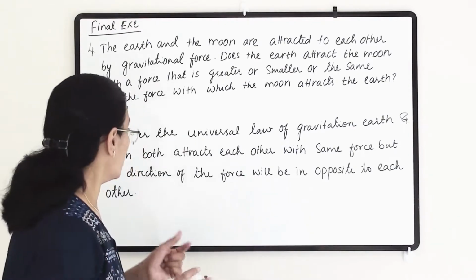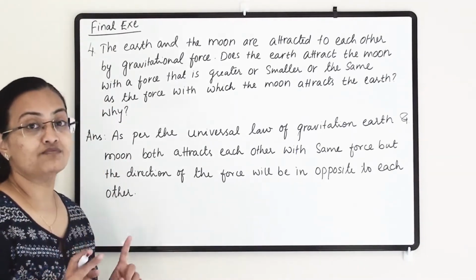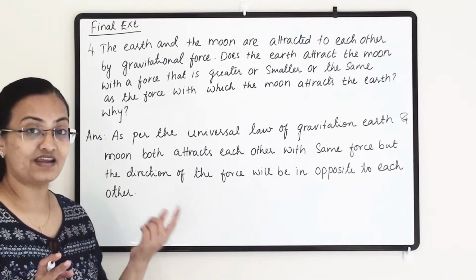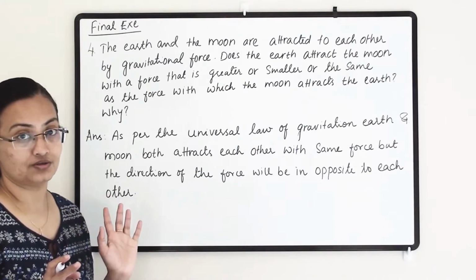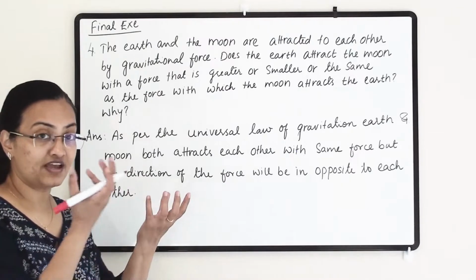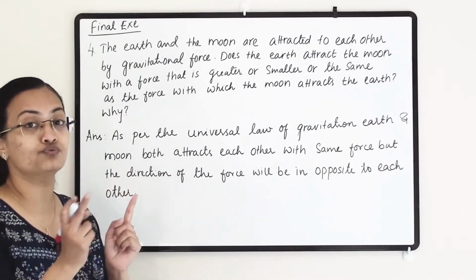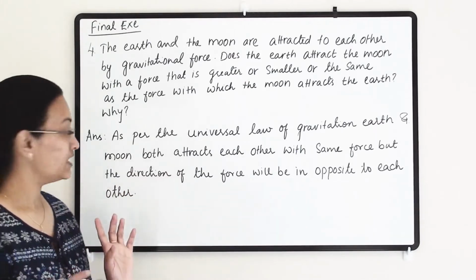So the earth and moon both attract each other with the same force, but the directions are opposite: the earth attracts the moon towards itself and the moon attracts the earth towards itself.